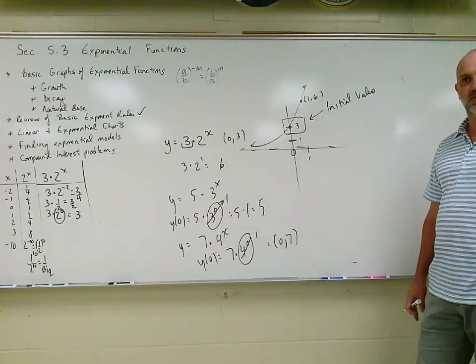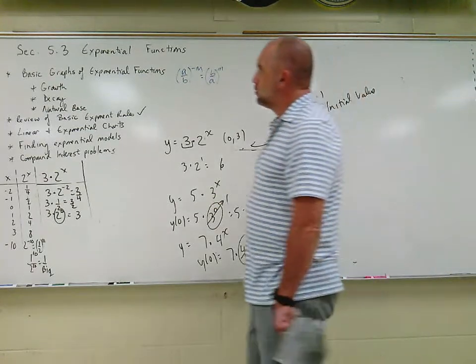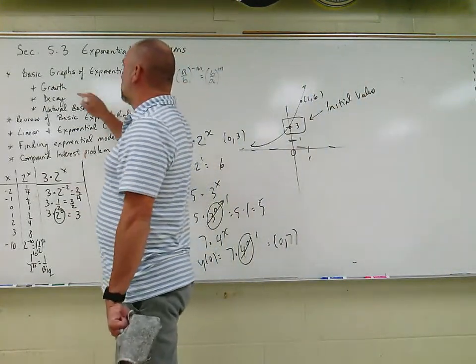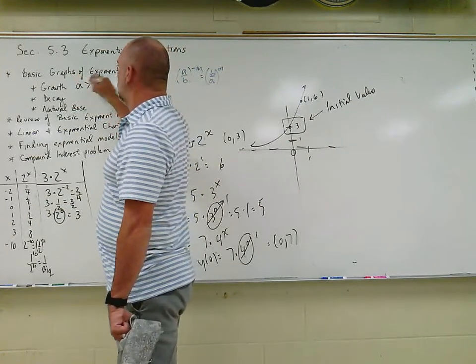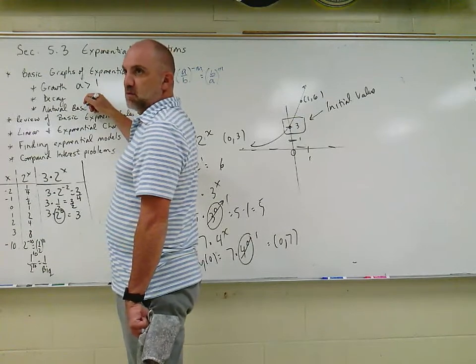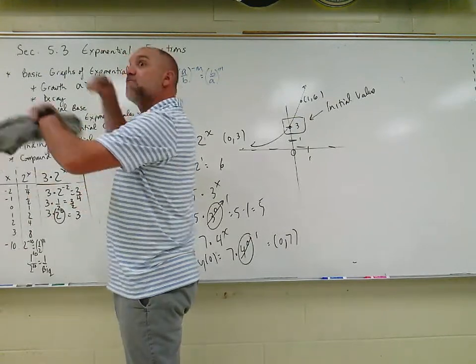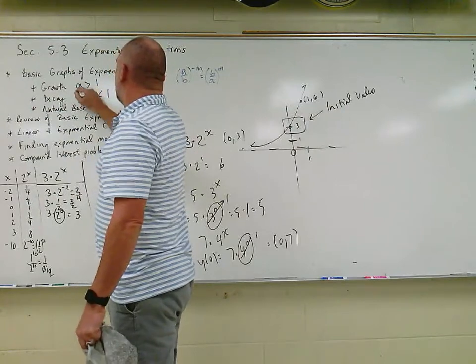Y-intercept. That's exactly right. Couple things. Exponential functions. When do we have growth? The base has to be greater than what? 1. When do we get decay? Or if we take a growth and flip it, right? That's right.